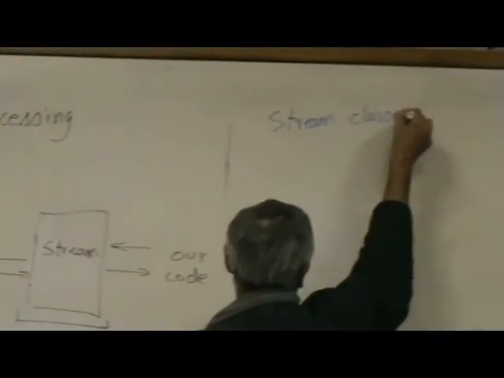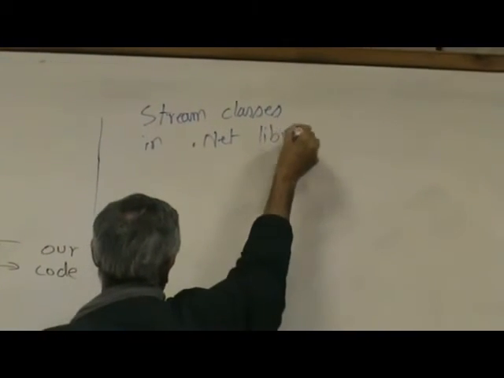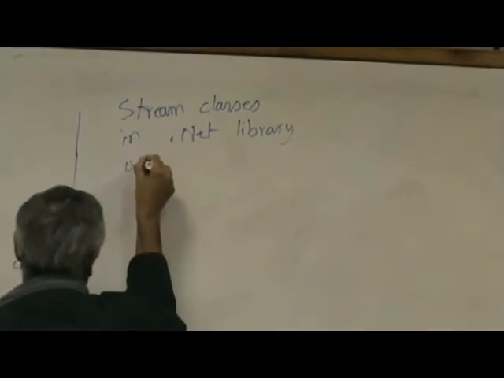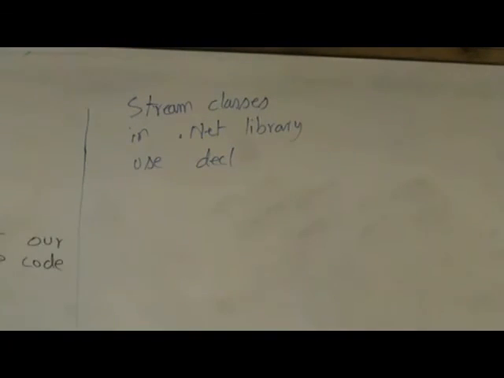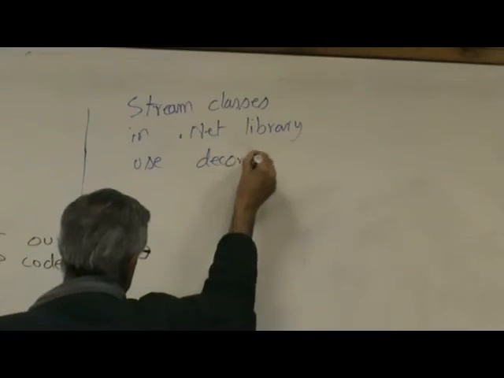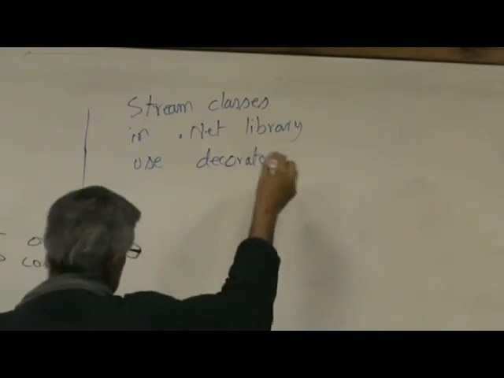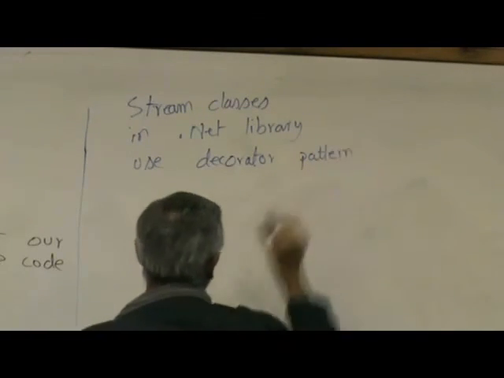The stream classes in the .NET library, okay, use what is called a decorator pattern. So if we have time towards the end of the course, I'll explain what this decorator design pattern is.